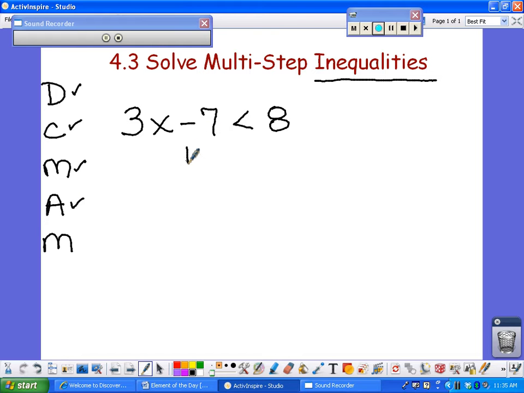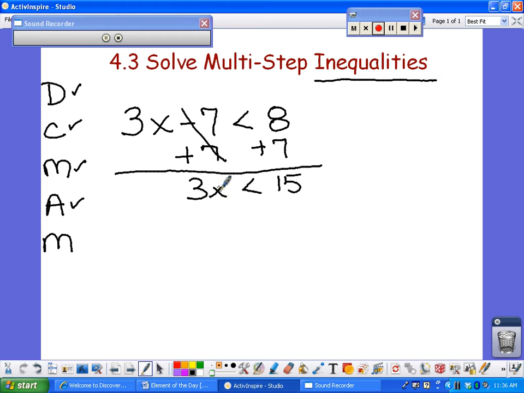So first we're going to add 7 to both sides, and that's going to give us 15 over here. We're going to bring down our inequality sign. This cancels, and we're left with 3x.